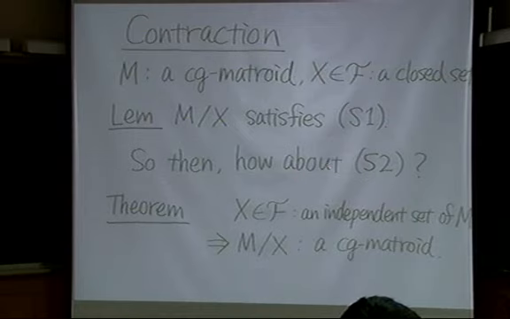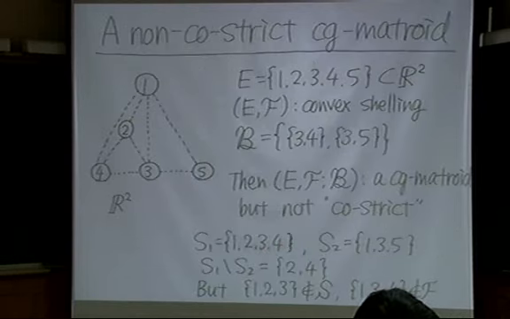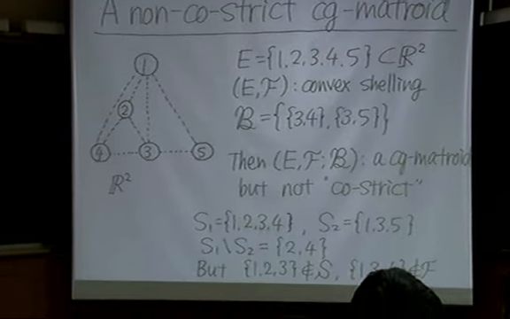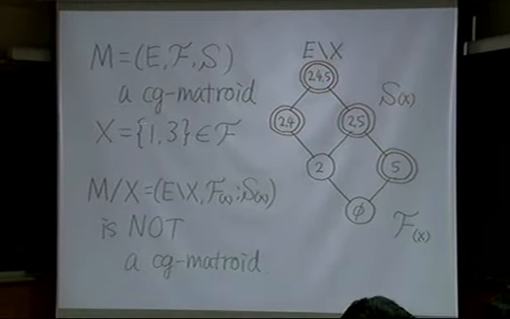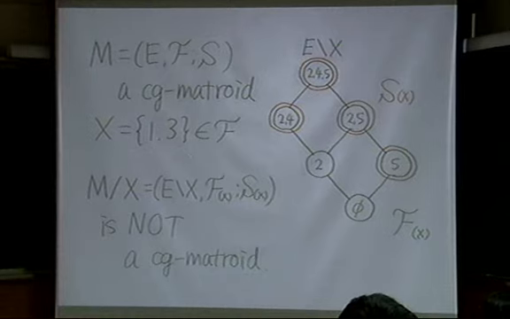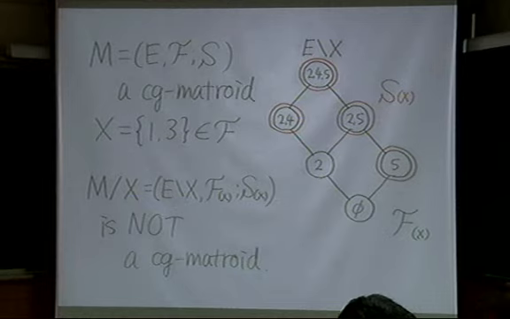Similarly, there is a theorem. If we take a closed set as an independent set of the CG matroid, then the contraction is always a CG matroid. This is a theorem for general CG matroids, but this is a non-strict CG matroid example. And if we take a non-independent set as a closed set, then the contraction may not be a CG matroid.